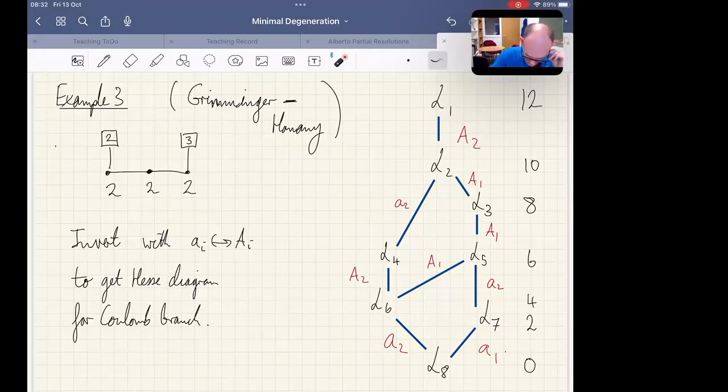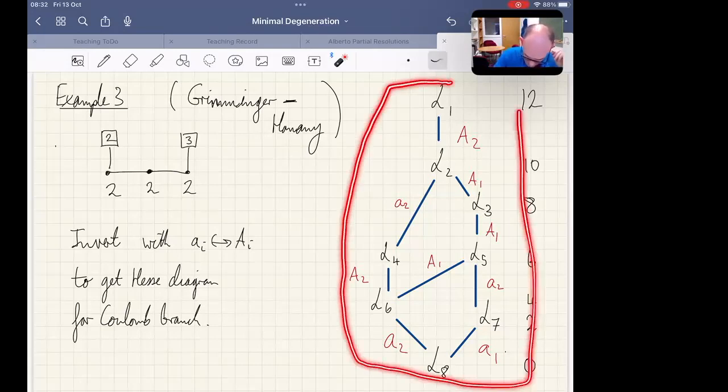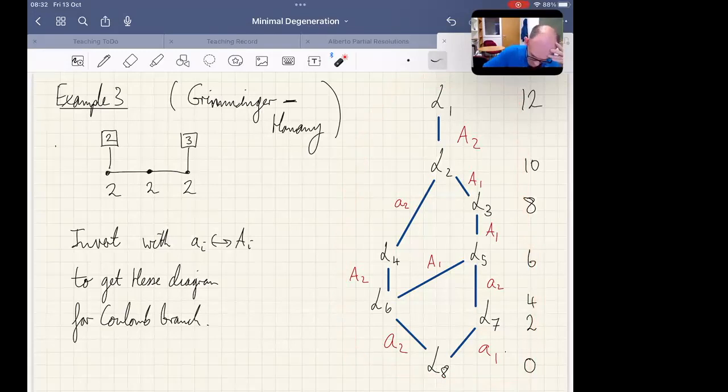If you just do this algorithm, it matches up with what they have in their paper, and you get this particular Hesse diagram for the quiver variety. They explain that you can go from this to the Coulomb branch by doing this inversion: you invert your Hesse diagram, and then you swap capital letters with lowercase letters.